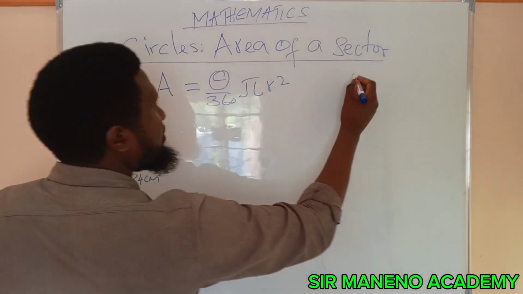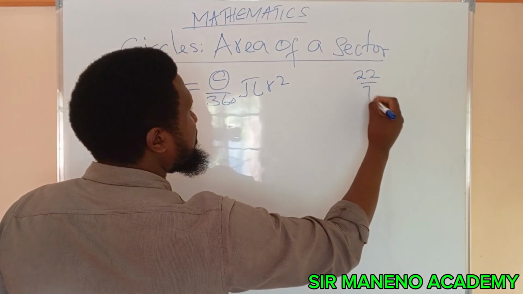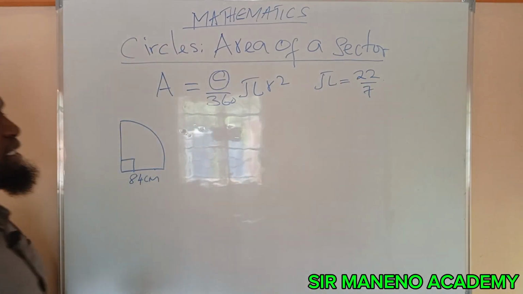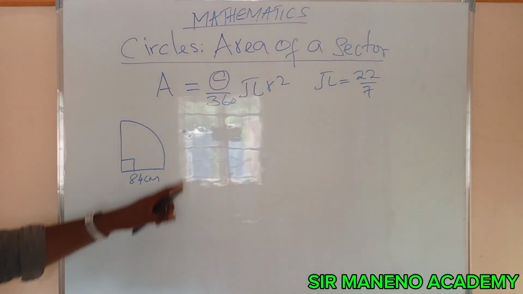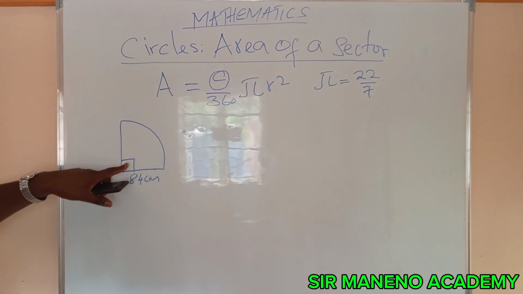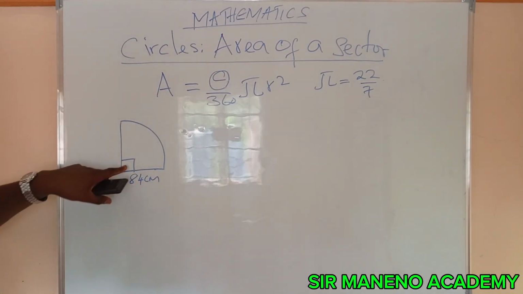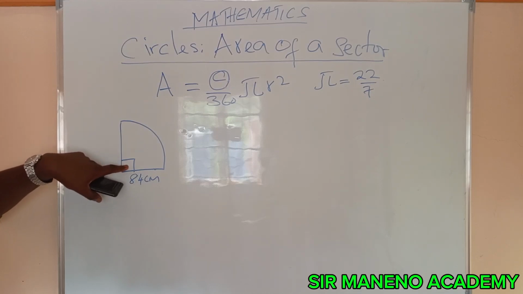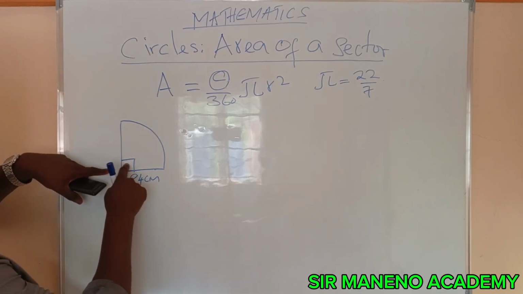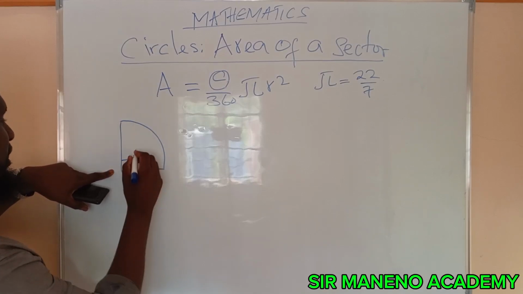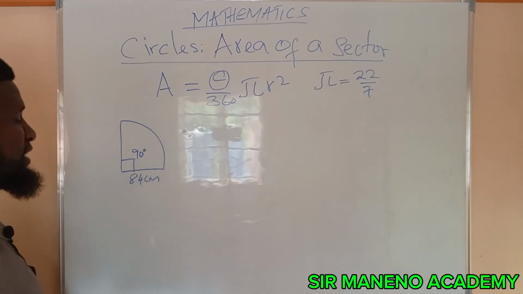And always you are given pi to be 22 over 7. So what do we do? We have to find theta so that we can substitute it here. In this case, we have not been given, but I told you that when you have such a sign, it means this is a right angled sector. So this is now 90.